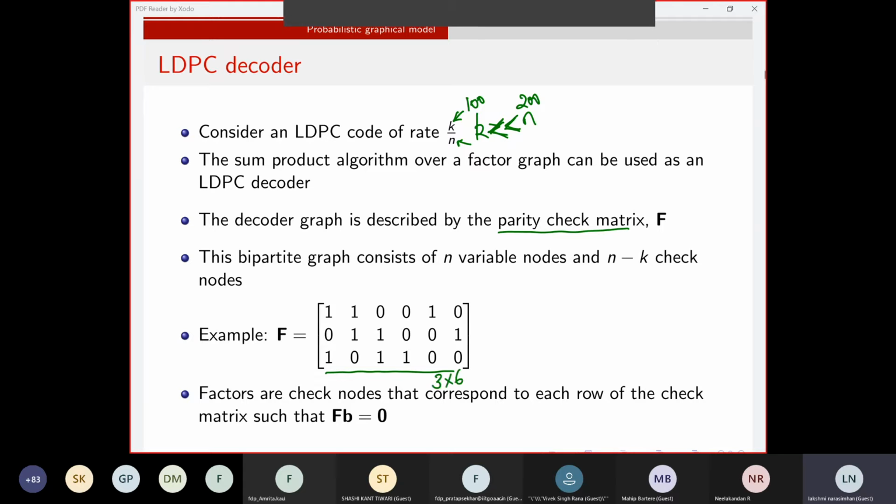Typically, for a k by n code, the dimension of the parity check matrix is n minus k cross n. So here n is equal to 6 and n minus k is equal to 3, which means k is also equal to 3. So we have a rate half code, that is, k by n is half.